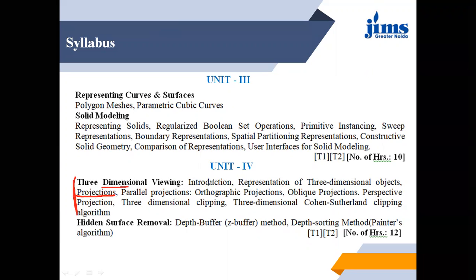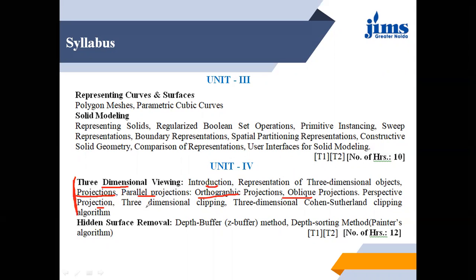First we will discuss what three-dimensional projection is. Then we will discuss different types of three-dimensional projections like parallel projection, orthographic projection, oblique projection, and perspective projection.